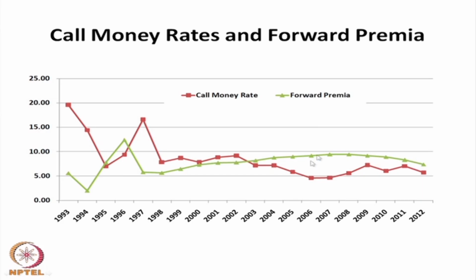I found the call rate is increasing, the interest rate differential in money market rates is increasing, so the forward premium is increasing. Forward premium in other ways influences the future spot. So if the call rate increases, the forward premium increases, and the future spot also increases, or the rupee may depreciate. Similarly, if the spot rate is declining, the forward premium declines and the future rupee will appreciate.